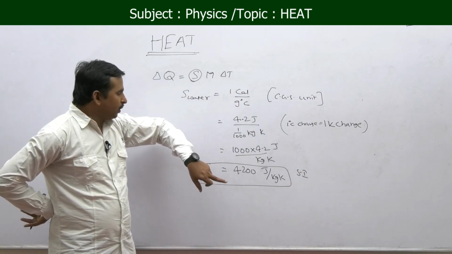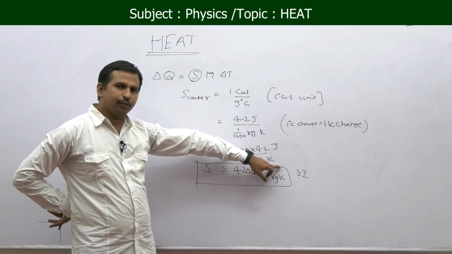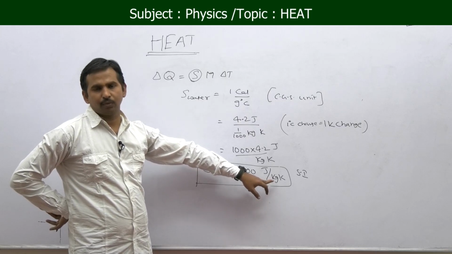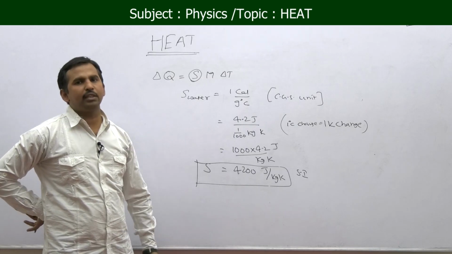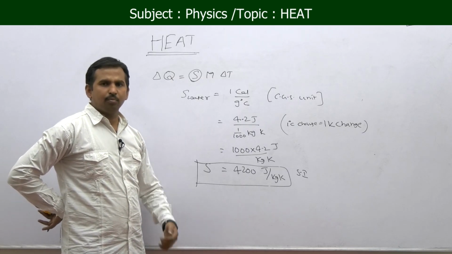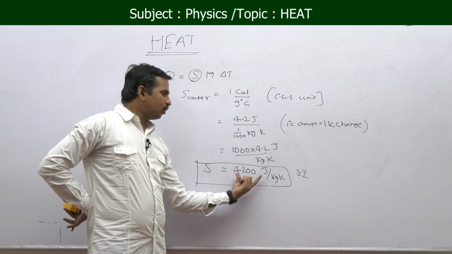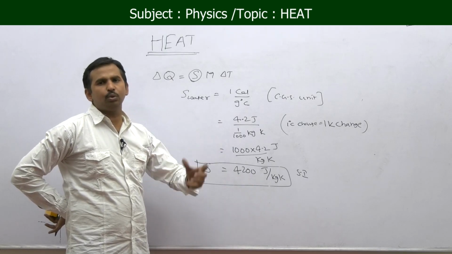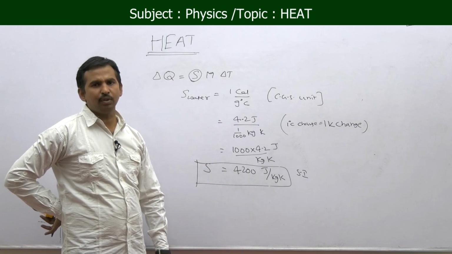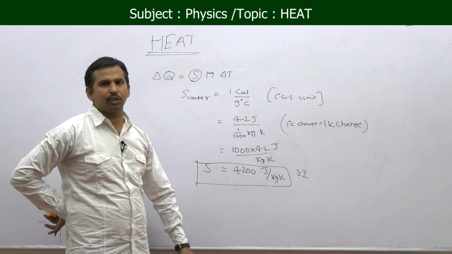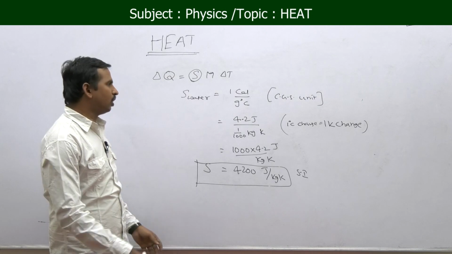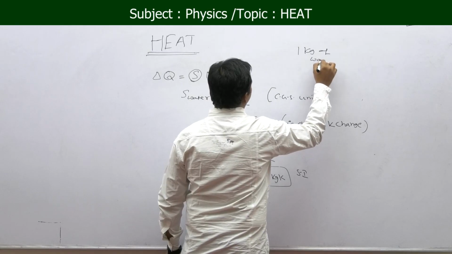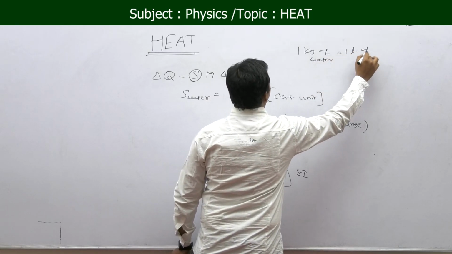But if you observe here, it requires 4200 joules of heat energy for 1 kg of water, which is a huge amount of heat energy. Whenever you want to raise the temperature of water by just 1 degree Celsius, the amount of heat energy required is 4200 joules for that 1 kg of water. 1 kg of water is approximately equal to 1 liter of water.